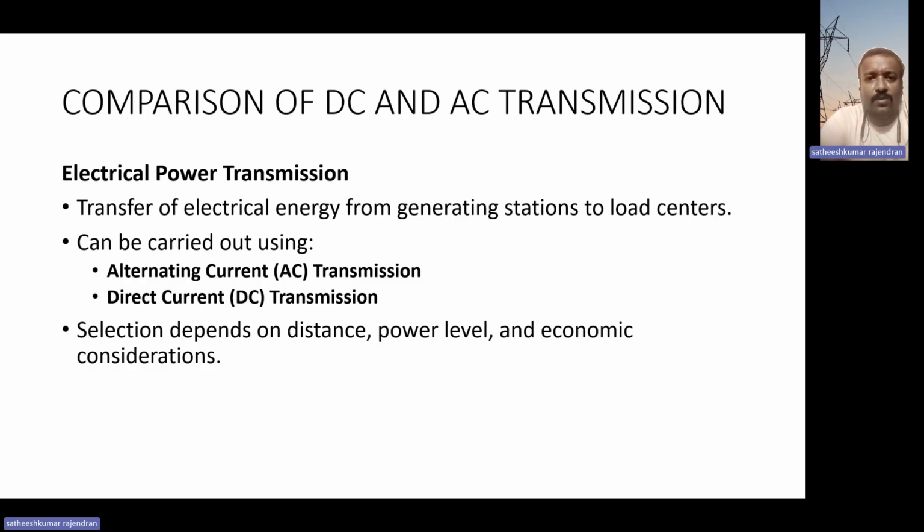It can be carried out using two transmissions, that is alternating current and direct current. We can choose this transmission based on the distance covered by the transmission, the level of voltage we are transmitting from one end to another end, and economical considerations such as the lines, insulators, and transmission towers, etc.